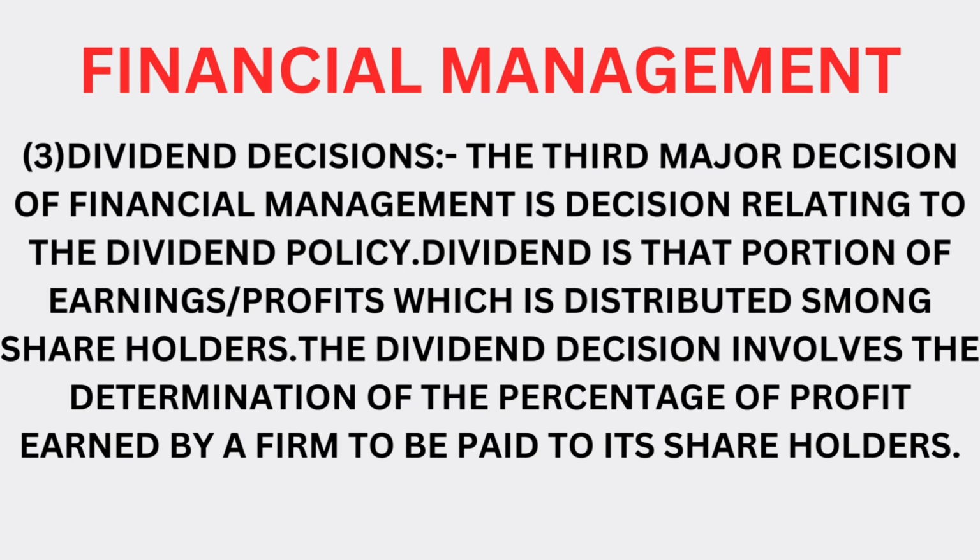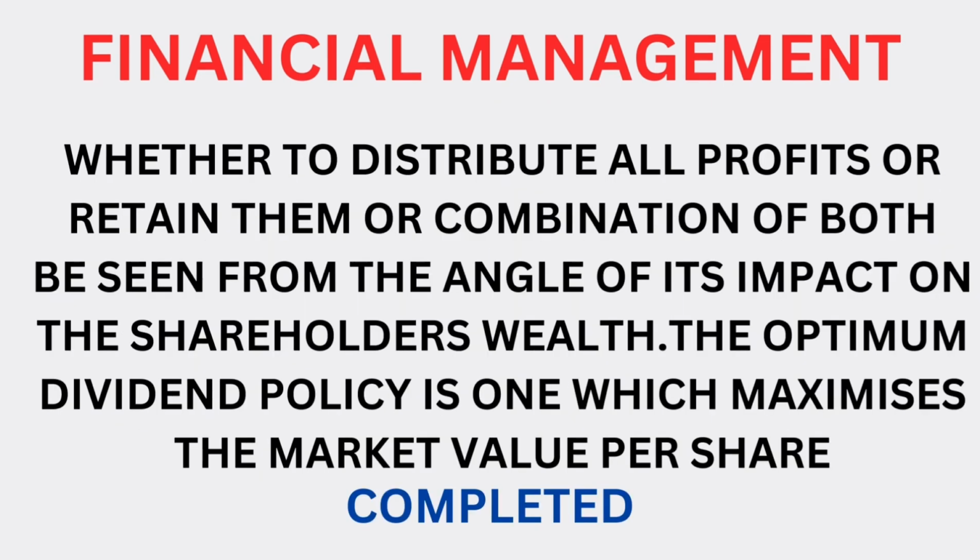So students, the third major important decision is dividend decision. What is dividend? Dividend is that portion of earning profit which we have to distribute among the shareholders. So how much percentage of profit should be distributed among the shareholders, and how much percentage of profit should be retained in the business.